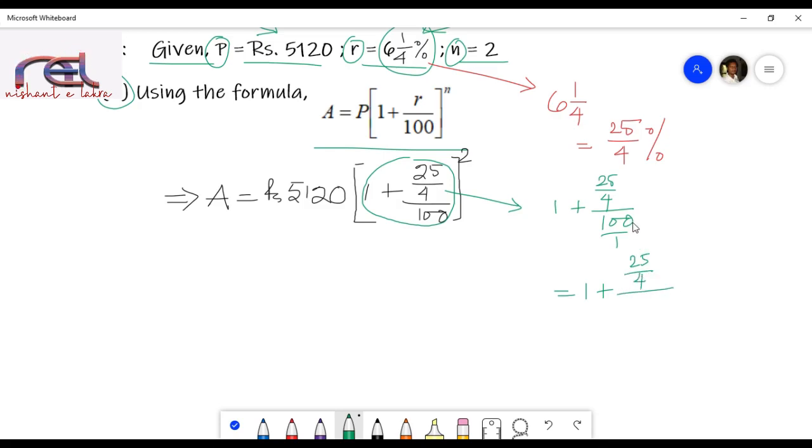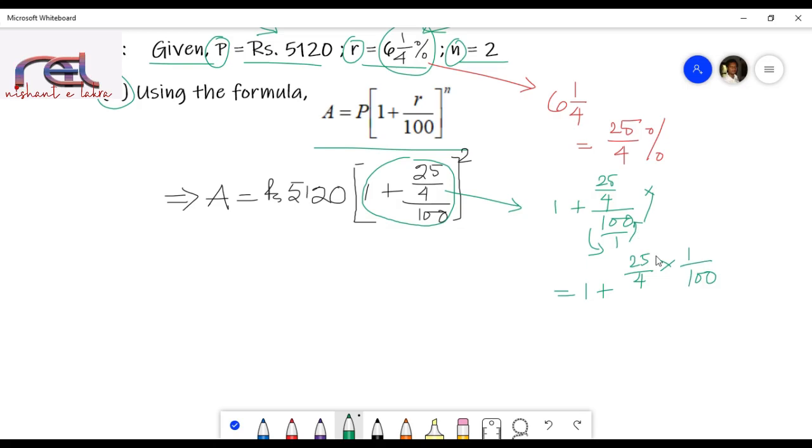Okay, now what will happen? The denominator here will be reciprocal, right? 100/1 will change to 1/100. So let me directly multiply it. 25/4 into 1/100. You're noticing, right? The denominator is reciprocal.